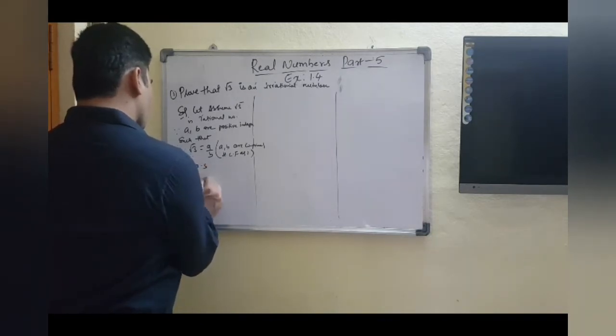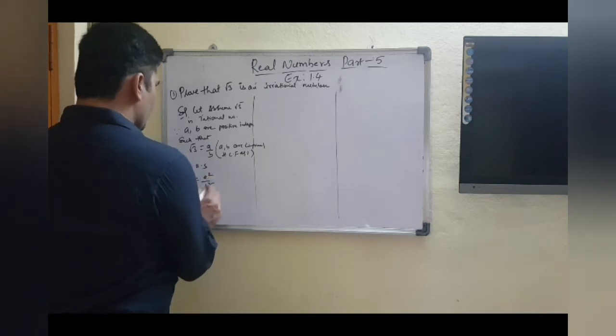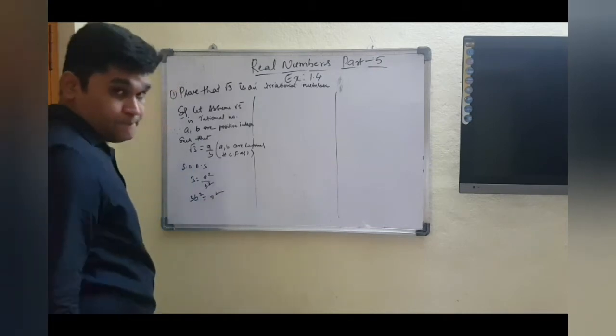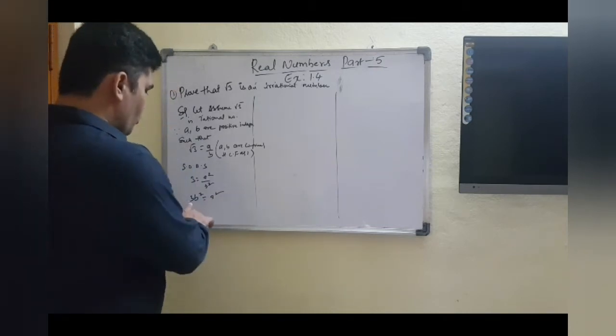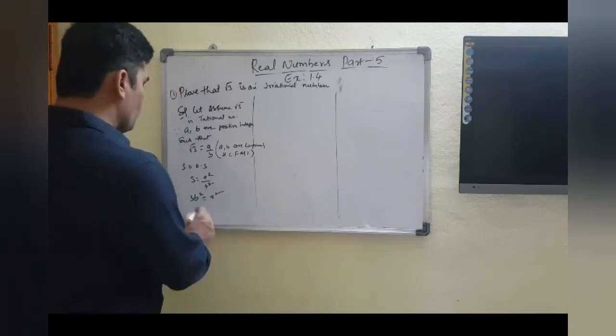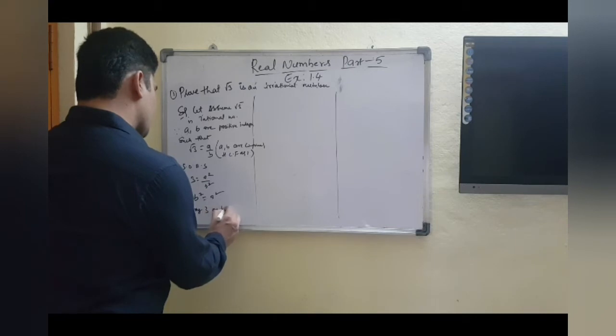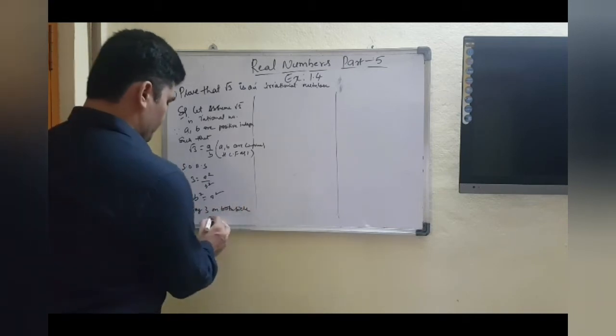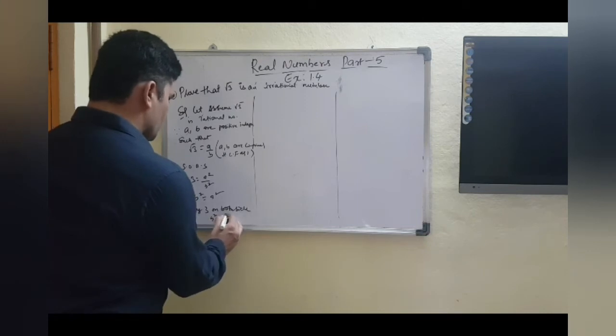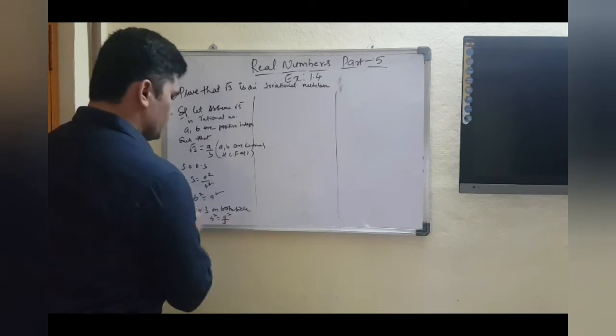It will be 3 is equal to A square by B square. Shifting, it will be 3B square equal to A square. Okay, so I want to divide 3 again. What I am going to do? Dividing 3 on both sides. It will be B square equal to A square by 3.